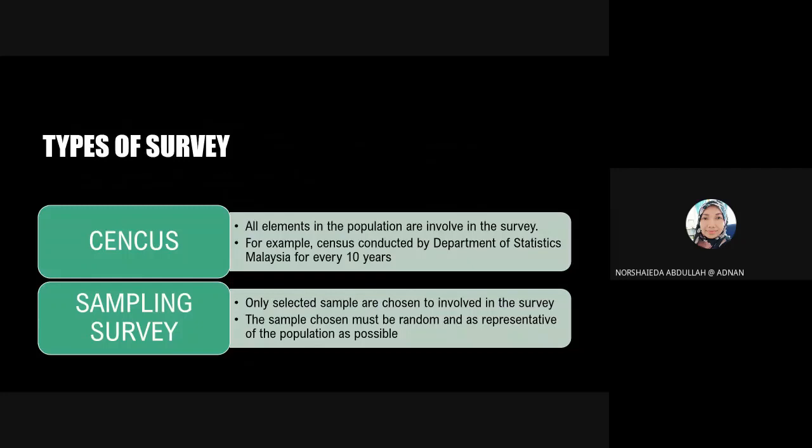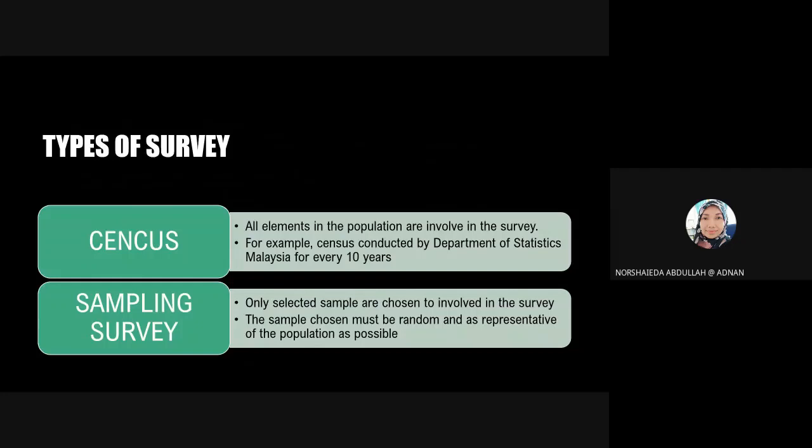Okay, and the sample chosen tu must be random lah and representative of the population. Okay. So dalam chapter ni juga kita akan discuss nanti after this method how to select sample so that the sample selected tu will be a representative sample lah.